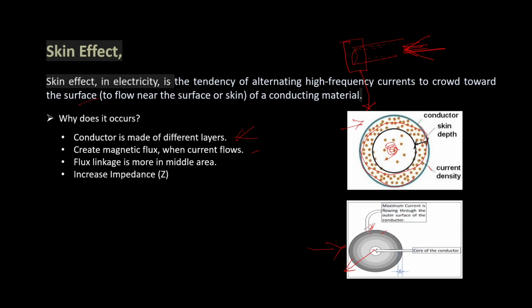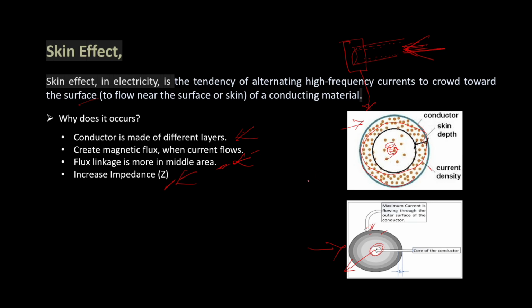All the layers create magnetic flux, and flux linkage is more in the middle area. In this middle section the flux linkage is more. So that increases the impedance Z.